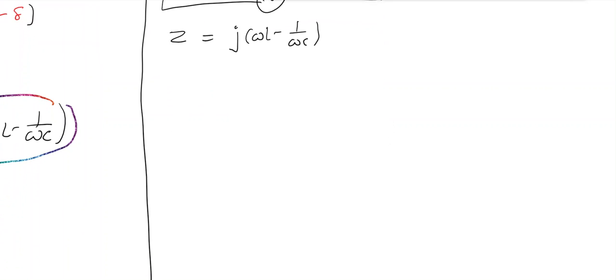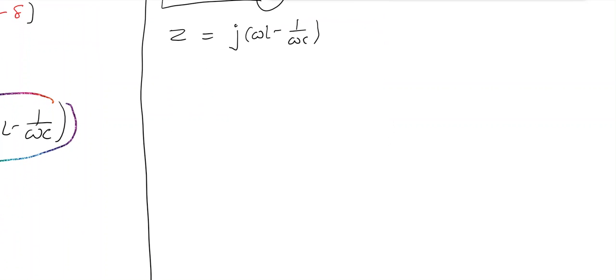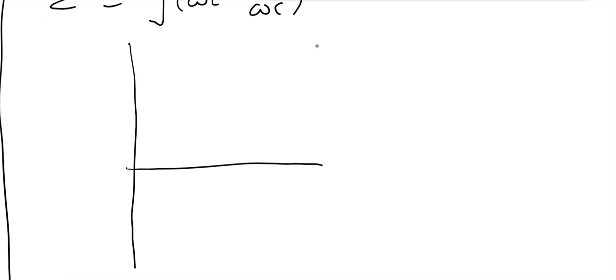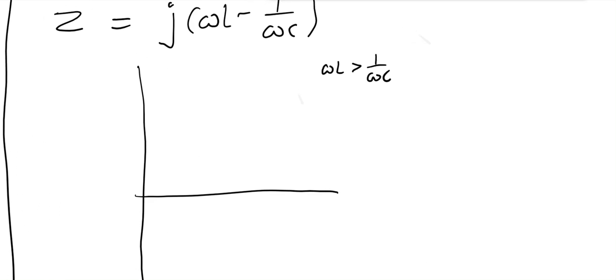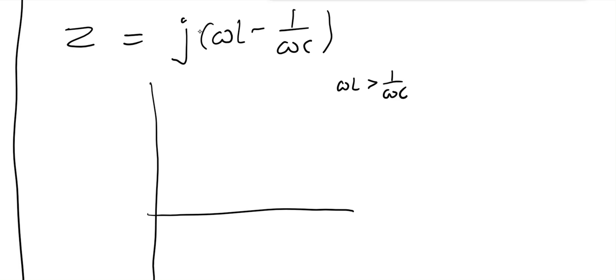If I have to plot this, I have to make one assumption. I can assume that omega L is greater than 1 by omega C, and if this condition is satisfied, this bracket will have a positive value.